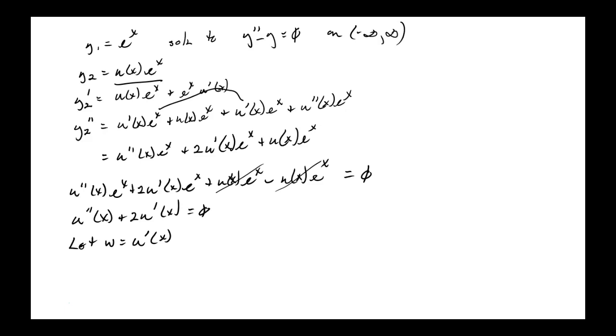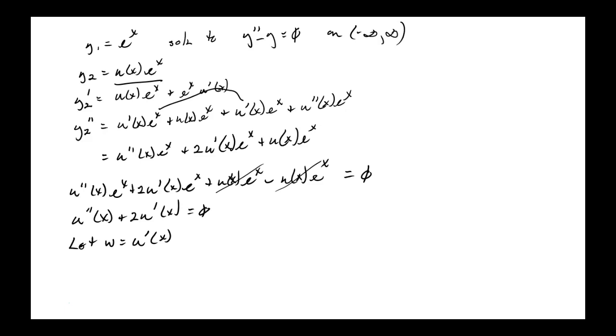Now this last term from this one and this term add to 0. That leaves us with u double prime e to the x plus 2u prime e to the x is equal to 0, because those two add to 0.